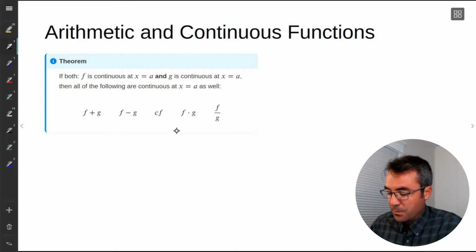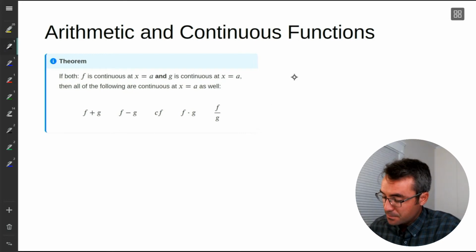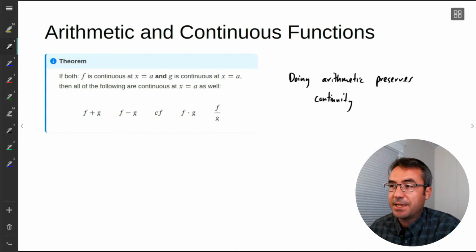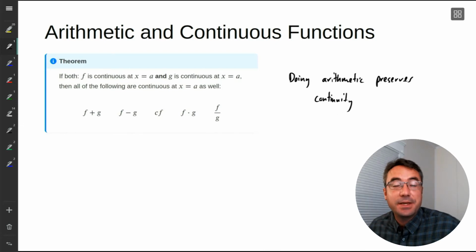So what this result really says is essentially doing arithmetic preserves continuity. So if we have two continuous functions and we add them together, the result is going to be continuous.